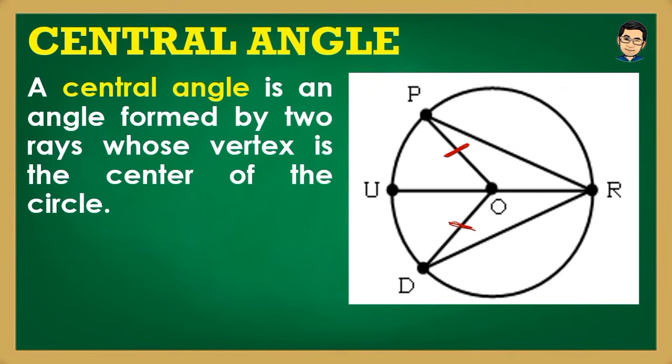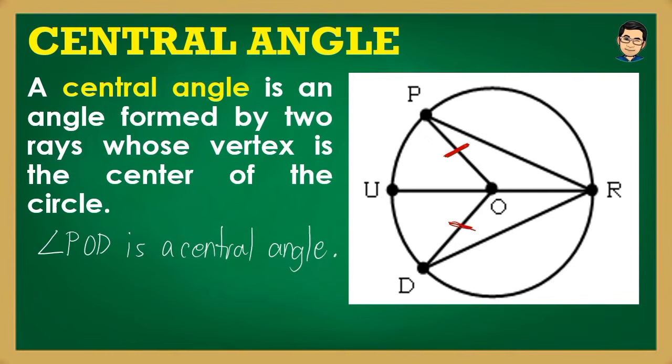So, yung isang central angle na pwede nating i-name dyan is, of course, using the symbol for angle, angle POD. Ayan, POD is a central angle. It's because yung vertex niya is nasa center ng circle. Ayan.